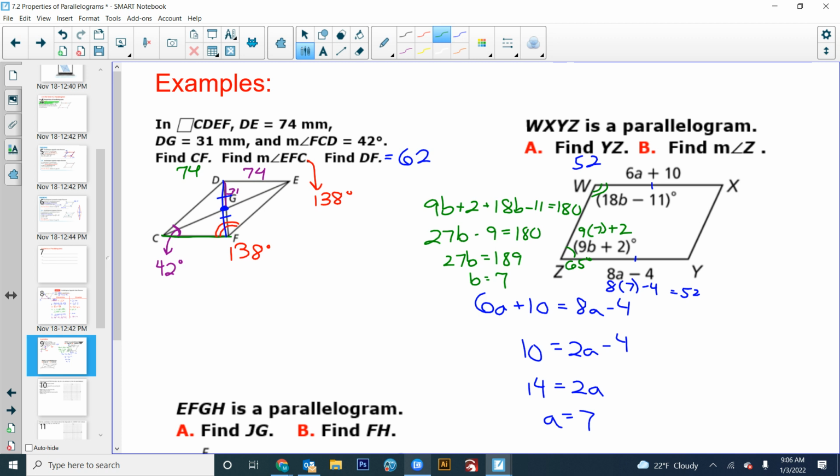Subtract 65 from 180. Perfect. And what do you get? 115? I agree. You didn't ask us for that, but just to practice, I'm sure it'll come up sometime. So we get 52 for YZ and 65 degrees for angle Z.